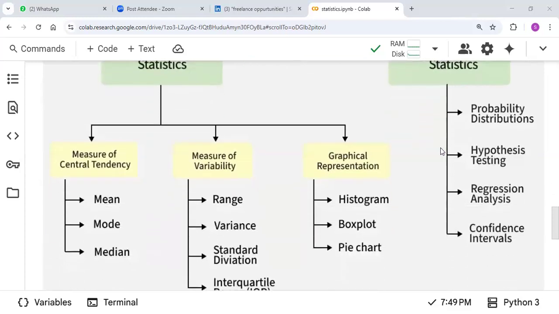By doing various statistical testing, you would be deriving some inferences about the data, and you are able to make meaningful insights from this data using inferential statistics. Are you clear about this concept, guys? Descriptive statistics and inferential statistics.